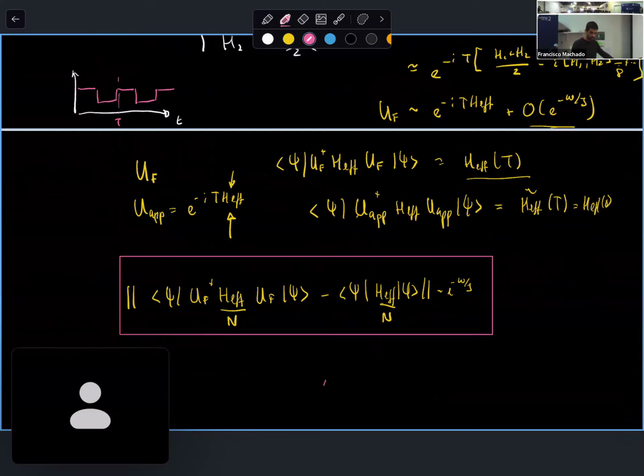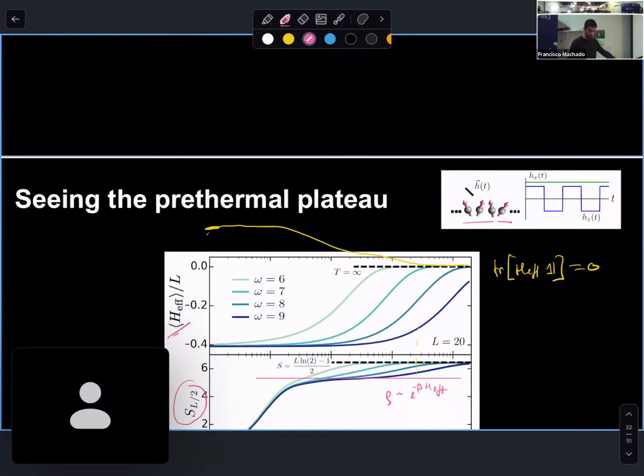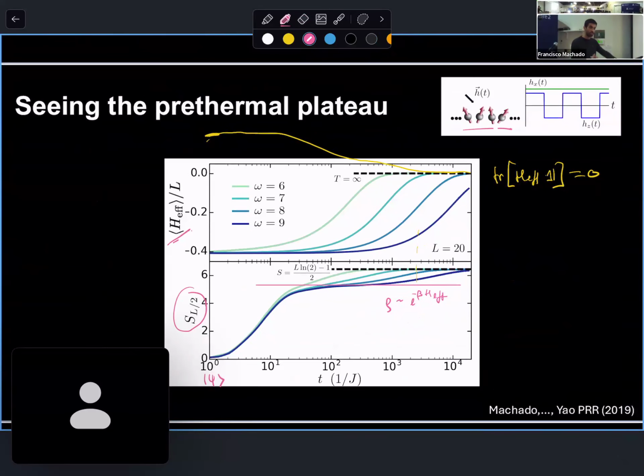So the heating dynamics, if you look at the plot of the effective energy, effectively looks like the zero energy, let's call it E0, plus some rate times the number of periods. And this rate is the thing that's exponentially small in omega over J. It turns out that because the rate is changing exponentially, it's much cleaner to see in a log time plot. Because otherwise you just see one curve and then the other ones are flat. And then you're like, what is happening?